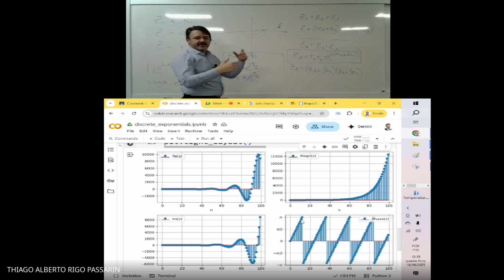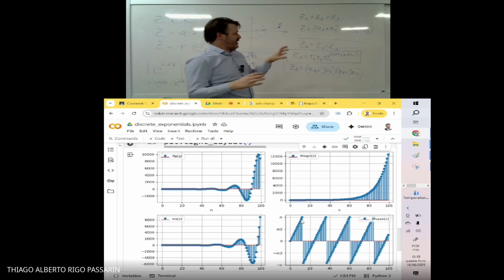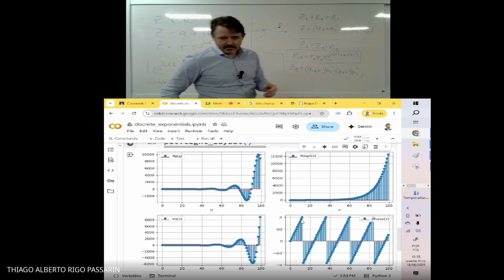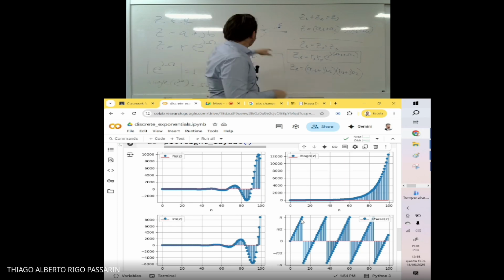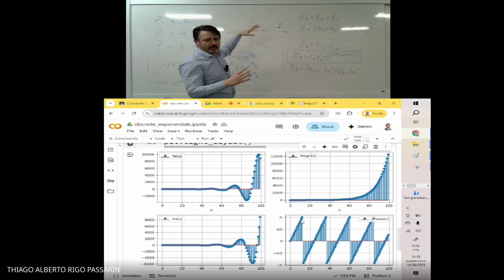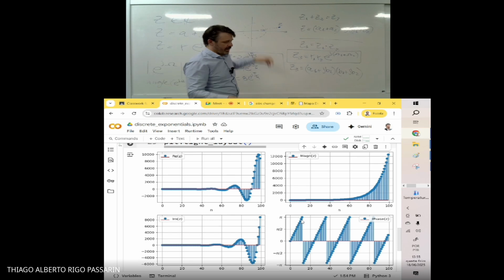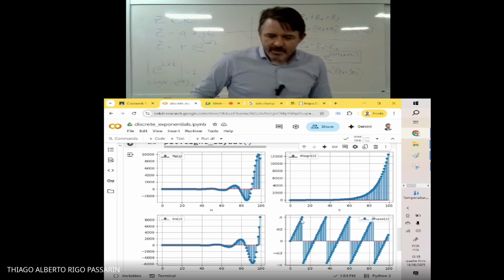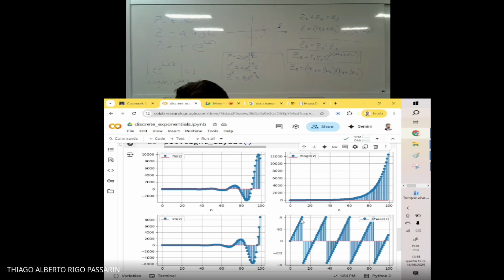We call this phase wrapping of the angle, because it is growing linearly, but we have the modulo operation. And here we can clearly see an exponential. So we have exponential growth.